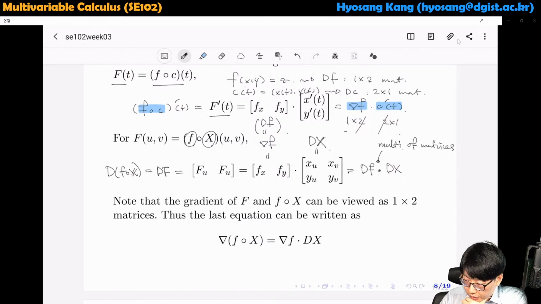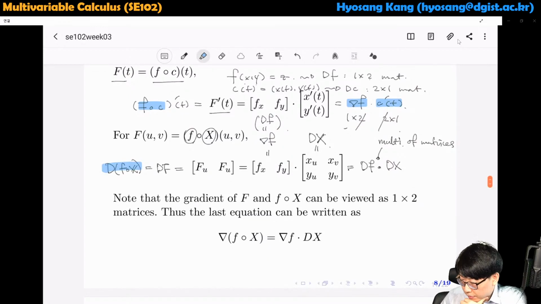So you see, now we have the same kind of rule. The chain rule says that the differential of a composition of functions is the same as the matrix multiplication of the differentials of each composite function.